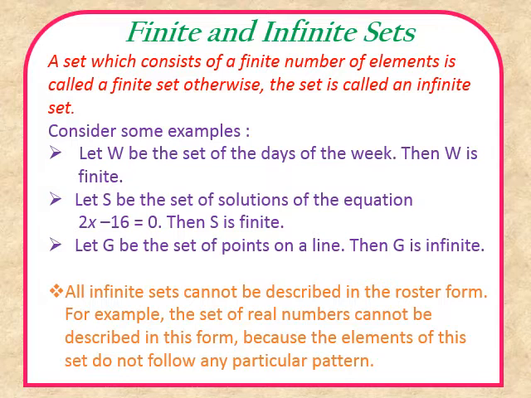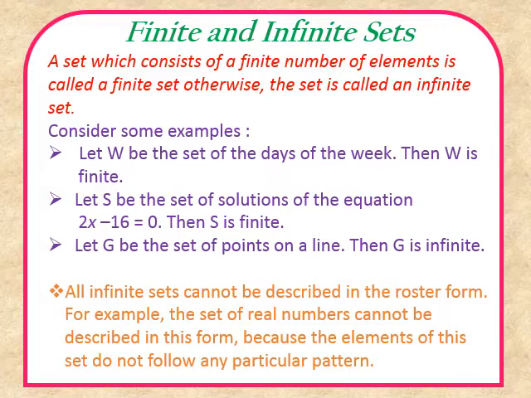So there is only one element, so again we can count. Now let G, capital G, be the set of points on a line. On a line there are infinite number of points, so G is called infinite. So if we can count, it is finite. If we cannot count, it is infinite.